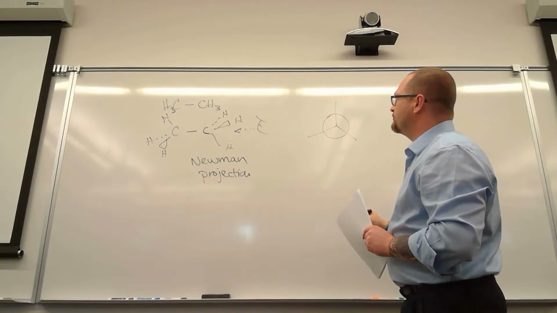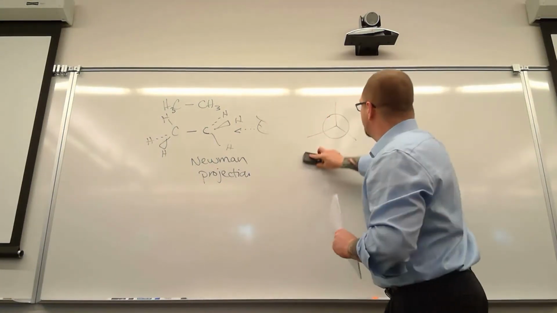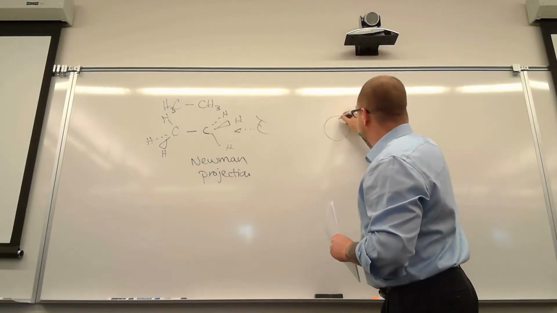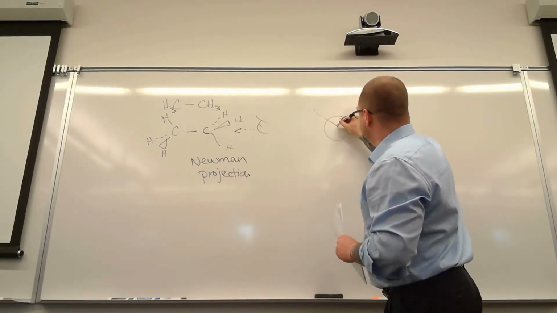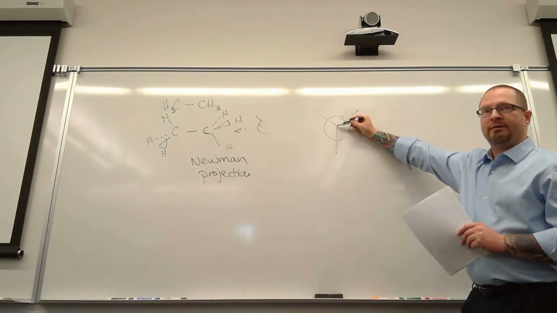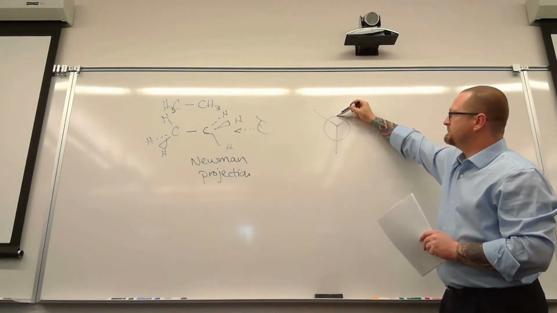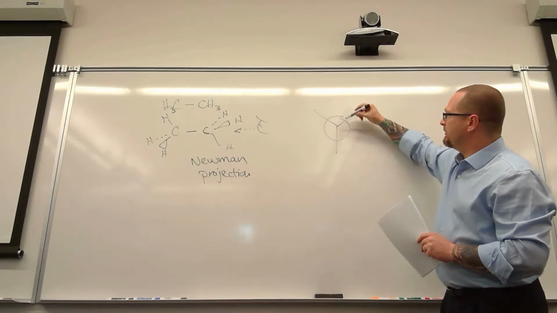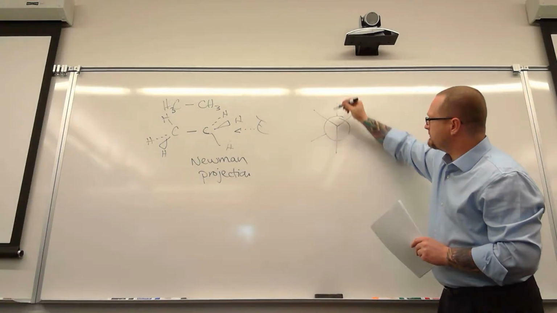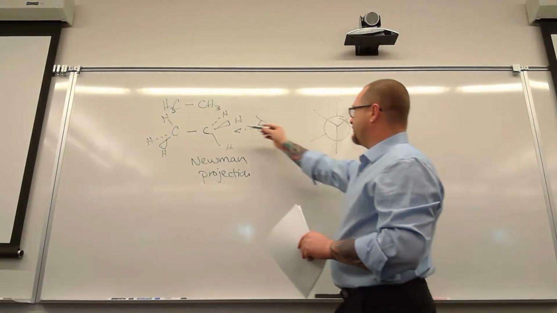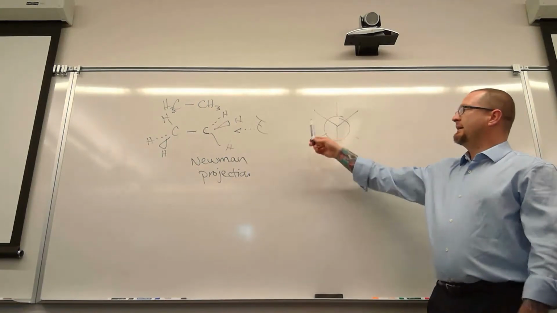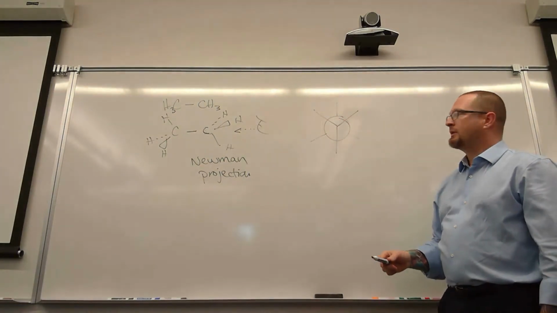Let me redraw that really fast because I want to draw it as shown. The lines that meet are the ones in front. Behind are the lines for the bonds behind. So looking at it from this direction, we have these two hydrogens up high and angled away from each other.